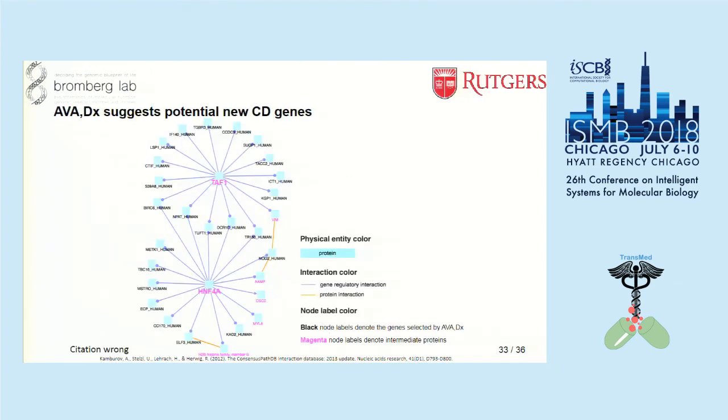The most interesting finding: all the black labels are genes found by feature selection, and these two magenta transcription factors regulate the expression of these genes simultaneously. Interestingly, one transcription factor is reported to be involved in CD pathogenesis. So we highly suspect that the other one, which is not reported in any literature, may be involved in CD pathogenesis.